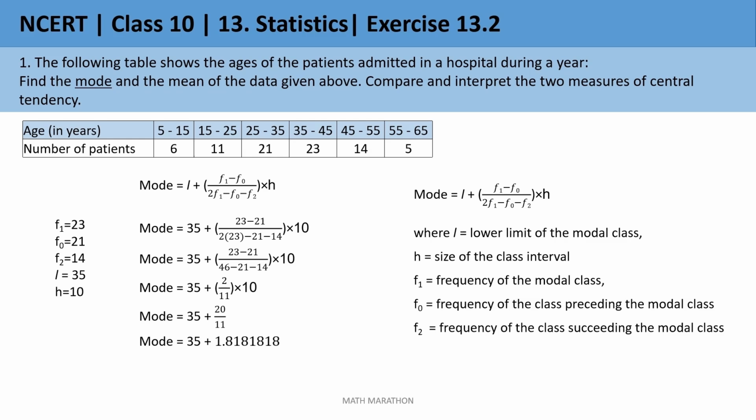Mode is equal to 35 plus 1.8181. Mode is equal to 36.8181. Mode is approximately equal to 36.8 years.